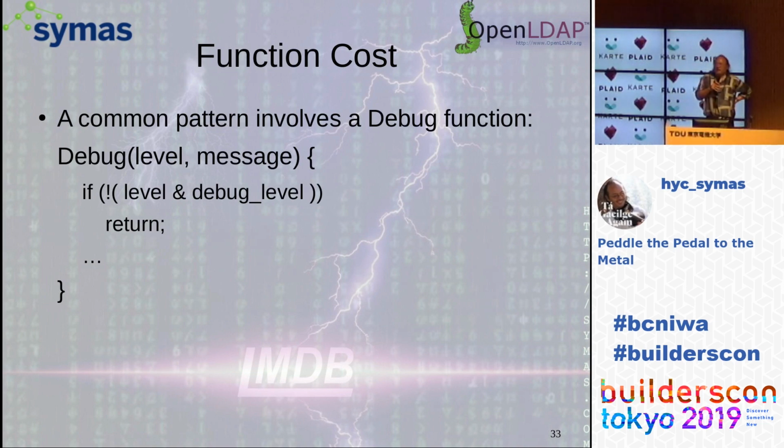One of the interesting things that, again, we didn't think about at the outset: we have debug functions scattered throughout the code, and you turn on various log messages so that you can see what's going on. But when you don't have those logs enabled, you want that debug function to do nothing. And it turns out that just invoking this function, which checks a value and decides to return without taking action, has a significant runtime cost.